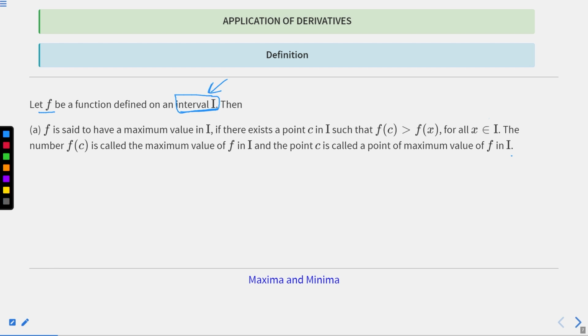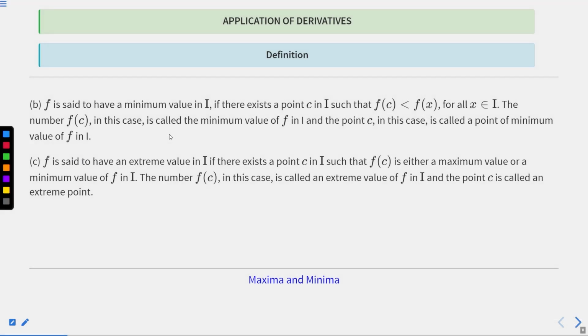Suppose we are talking about this interval I, then first of all, there exists C inside this interval, and f of C must be greater than f of x, where x can be any value. This means for every x, f of C must be greater. Then you can say your f attains maximum.